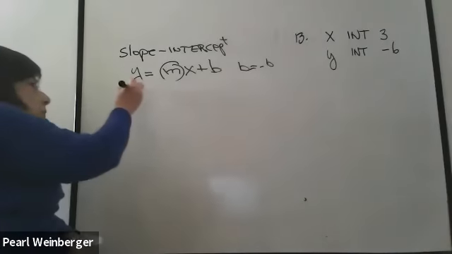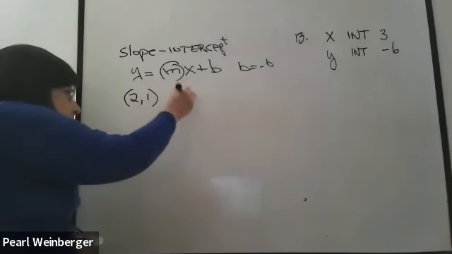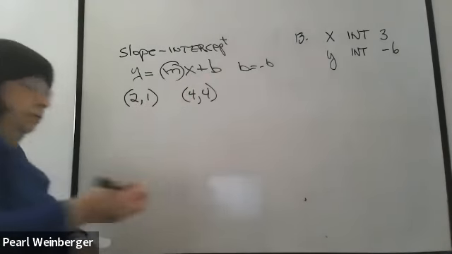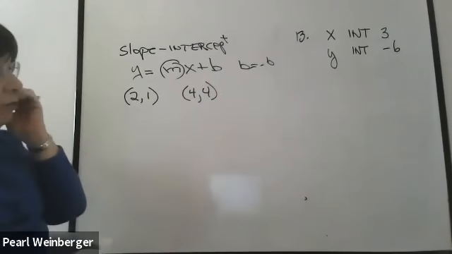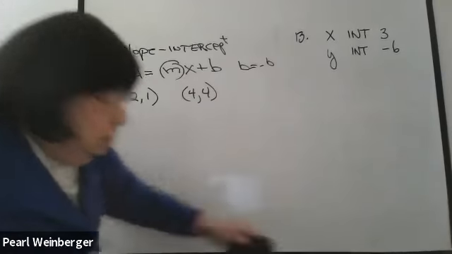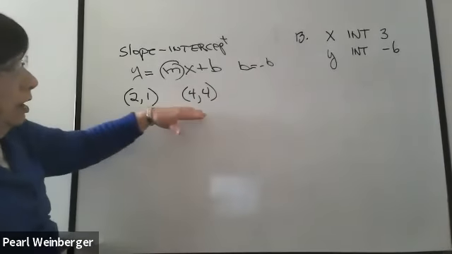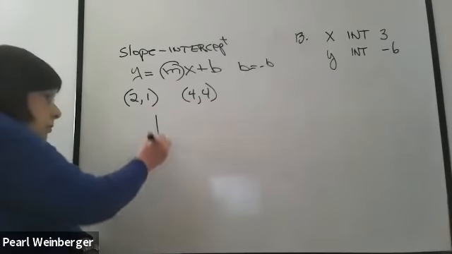I'm going to give you 2 points. 2, 1, and 4, 4. Okay. I'm now giving you 2 other points, 2 points that are on a line. And I want to find the equation of the line between these 2 points.